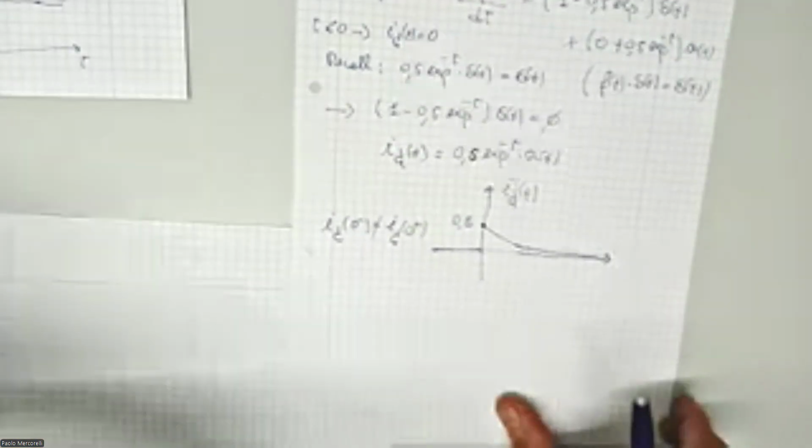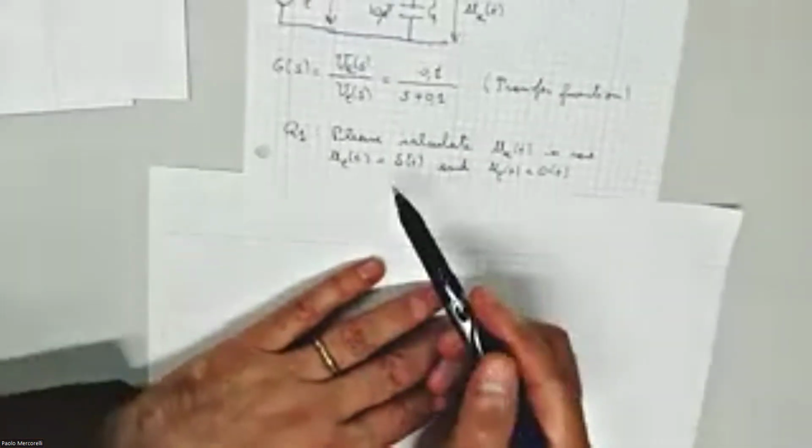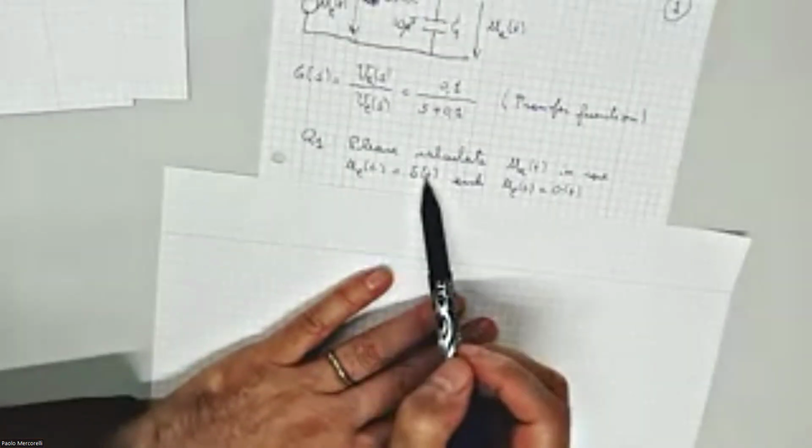Now, I have to call because otherwise it is too late for me. I open for you another exercise, introducing again the concept of the transfer function. Always the same concept, in which UE is delta.